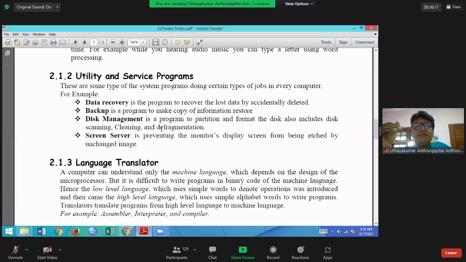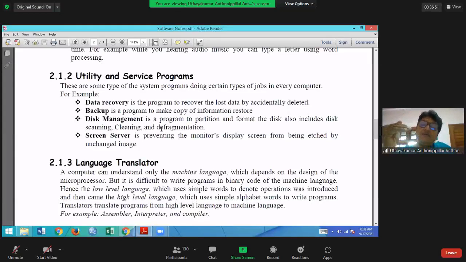A screen saver prevents the monitor display screen from being left static. Why are we using a screen saver? What is the purpose? In the normal state, the screen can consume more power, right? So when we are not touching any key on our laptop or desktop, why spend more current on the system?